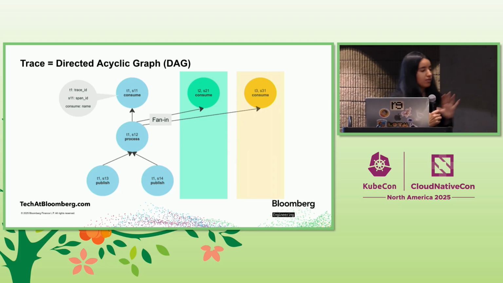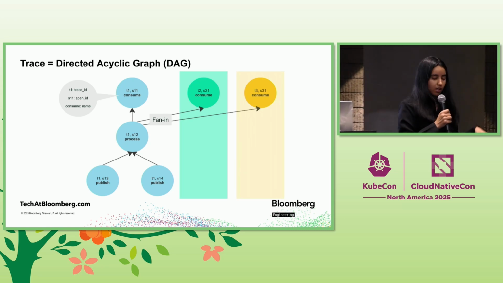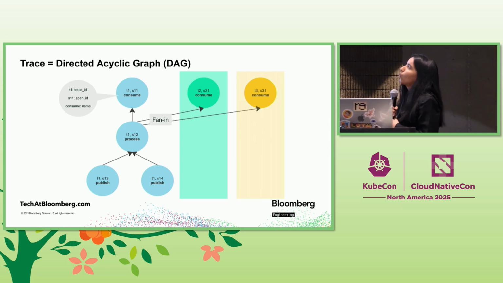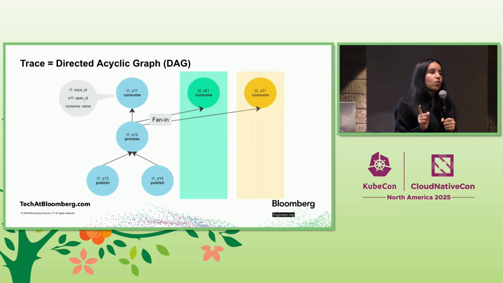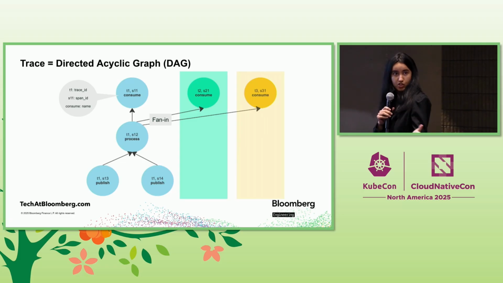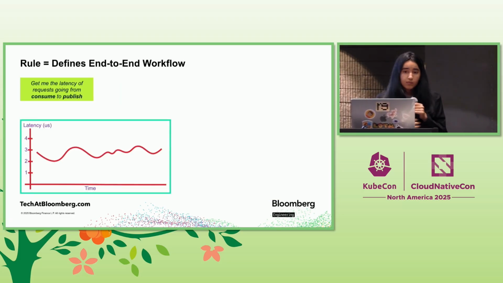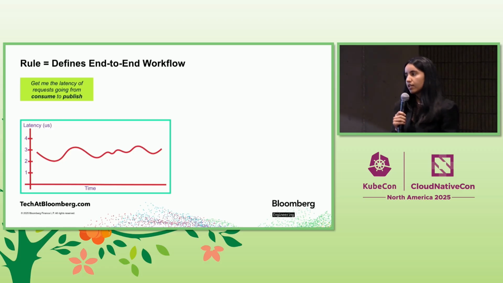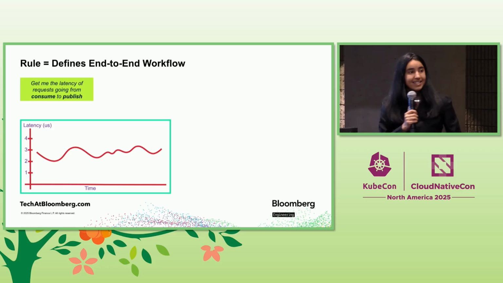All right, so I spent a lot of time talking about terminology and how we interpret trace as telemetry providers. I want to now talk about how our users, which are other engineering teams, talk to us about interpreting trace. Users can define what's called a rule, which is able to identify an end-to-end workflow.